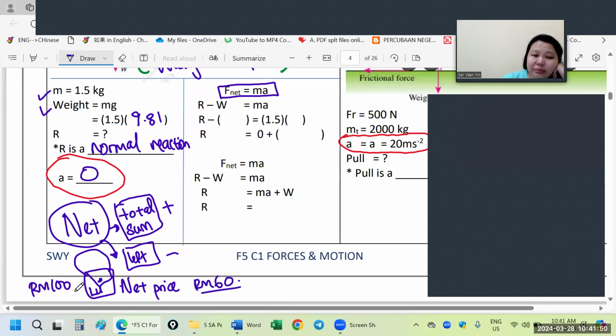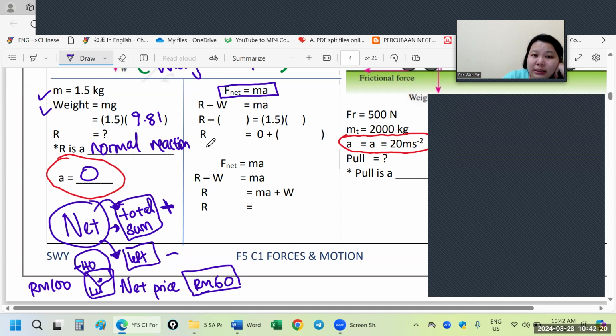So net actually means after you minus 40, 100 minus 40, net you left 60. Yes, when we explain, we say net is total or sum. But in this case, we always think about plus. And actually net means whatever left.